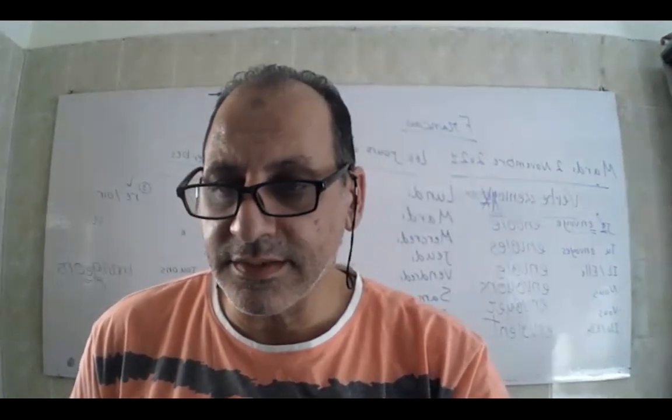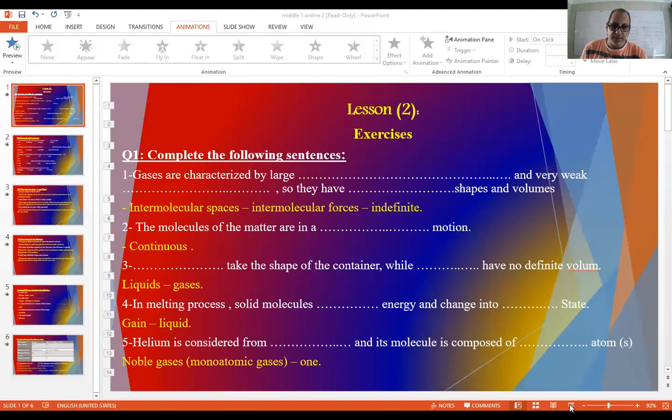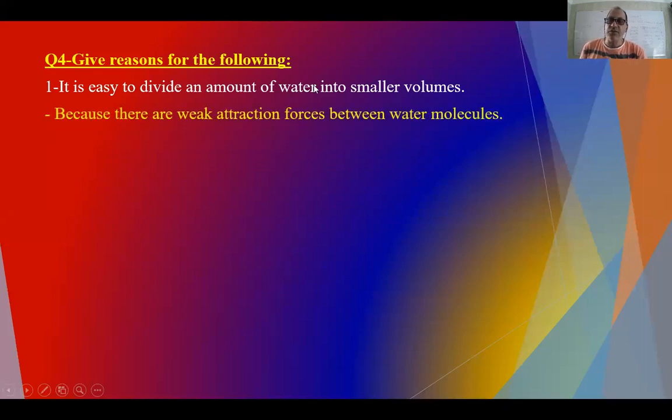Now let's complete our questions after the adhan. It's easy to divide an amount of water into smaller volumes because of the weak attraction force between water molecules. So it could be divided. The solid couldn't be divided, by the way, because the intermolecular forces are very strong.